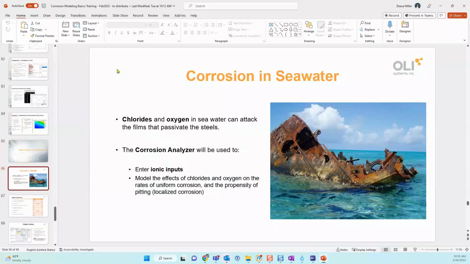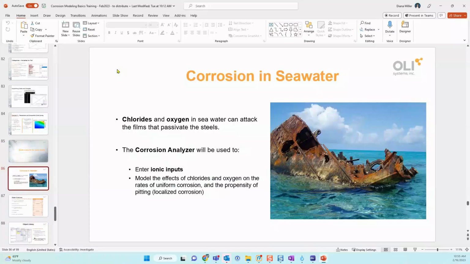Because it has the chlorides and the oxygen, it attacks the passive film of steels, and you see that there it has suffered severe corrosion damage. And also, these types of waters cause a lot of localized corrosion damage, right? So pitting would be one type of localized corrosion that happens a lot and is seen in materials that are susceptible to this damage. This water usually induces this type of localized corrosion damage.